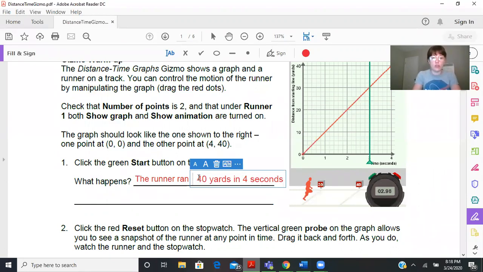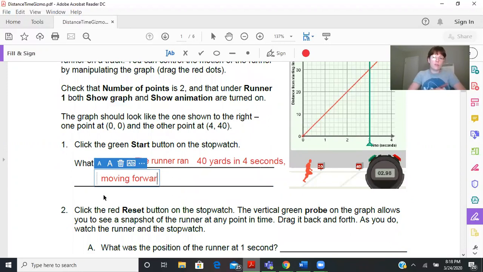And I also want to make sure I write moving forward. And I know that this particular person is moving forward because their distance is increasing. If they were moving backwards, their distance would be decreasing, going from 30 to 0 or 30 to 10.